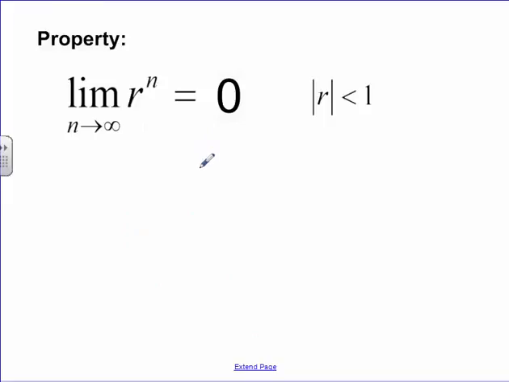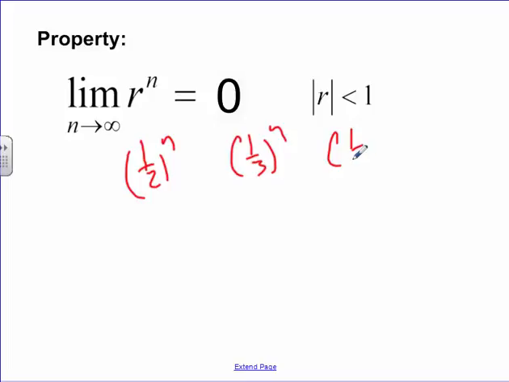Now, we actually have a rule that's a little different here. The way they phrase it on a lot of textbooks, and the one I'm going to give you, is that if you have r to the n, it's equal to 0, with the parameter that the absolute value of r has to be less than 1. I'm throwing an absolute value in here. Here's what this means. If this is, say, 1/2 to the n, that'll work. If you have 1/3 to the n, that'll work.